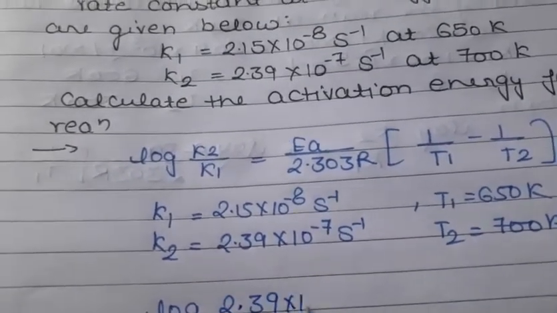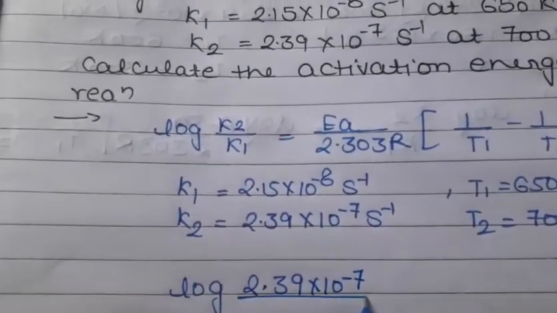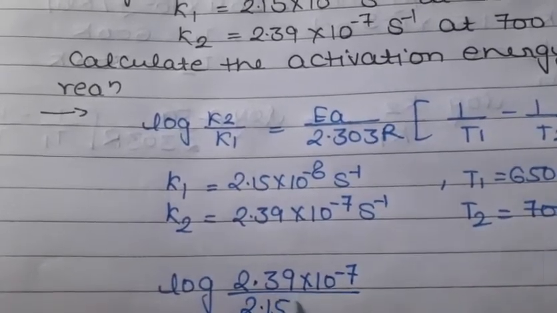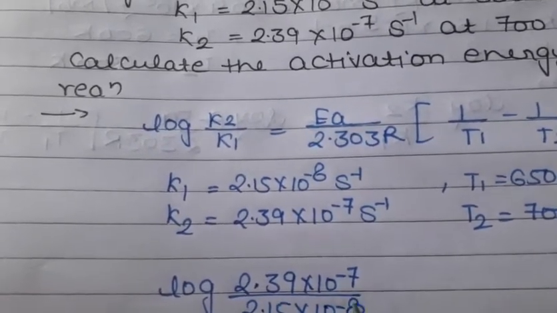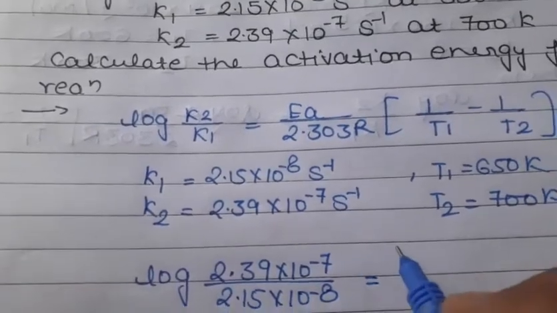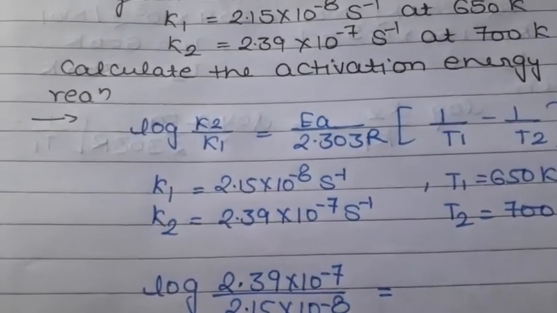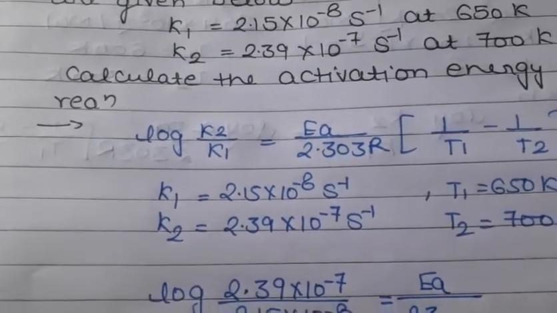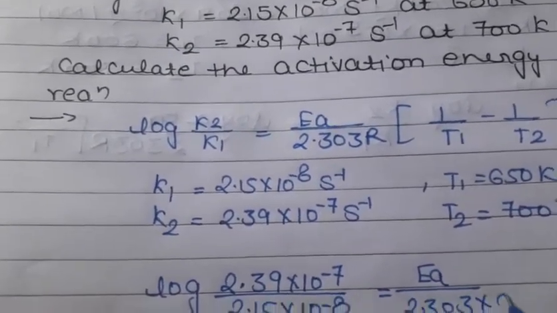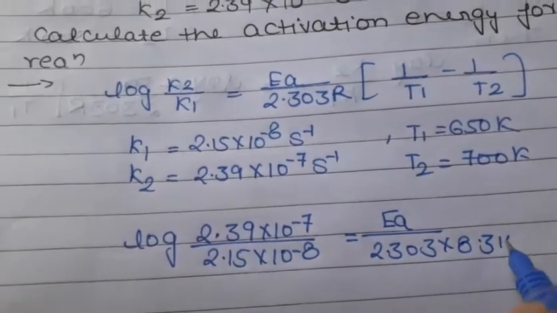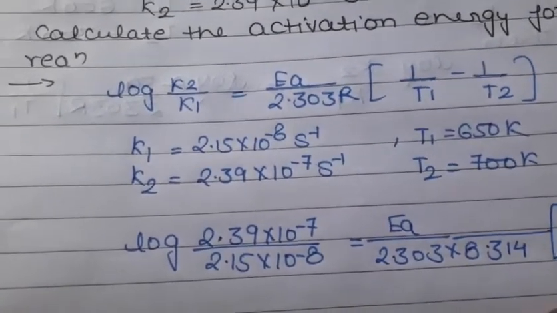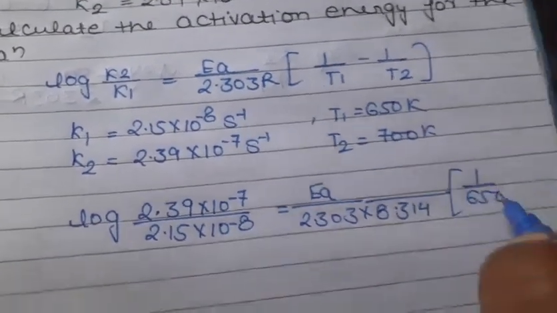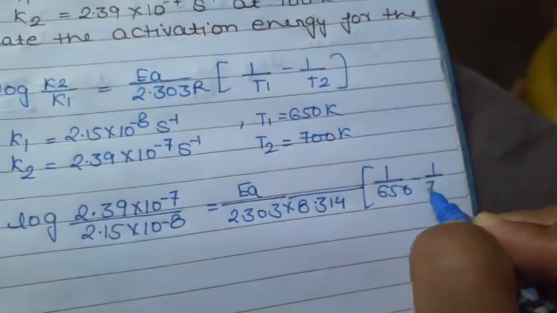log of 2.39 into 10 to the power minus 7 upon 2.15 into 10 to the power minus 8 equals Ea. You have to calculate the activation energy, so Ea upon 2.303, and R equals 8.314, and 1 upon T1 minus 1 upon T2.